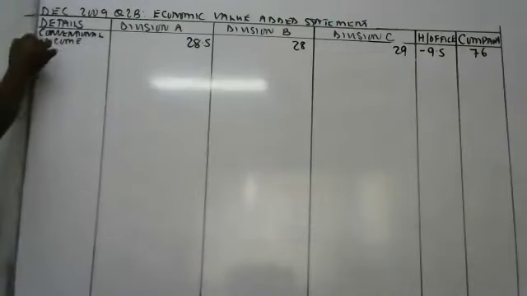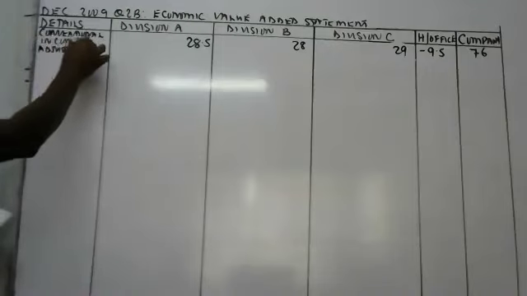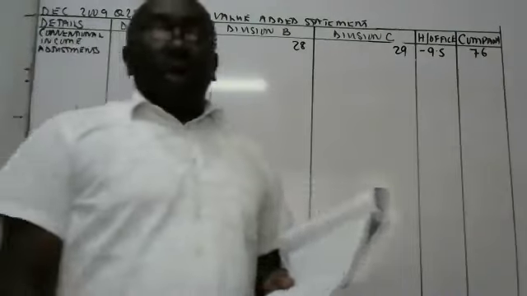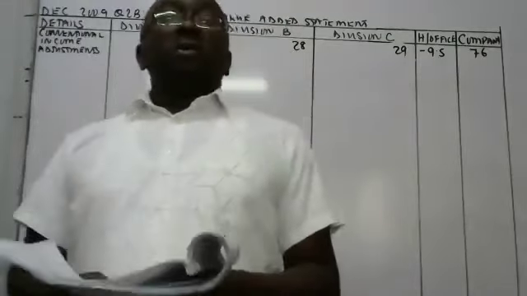Now, after you say conventional income, you bring the adjustments. In the notes, I gave you a list of items that you need to adjust and how.